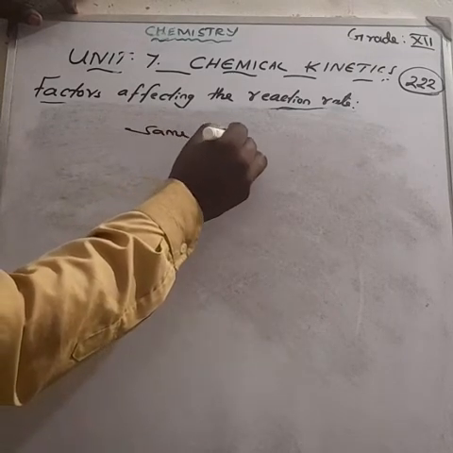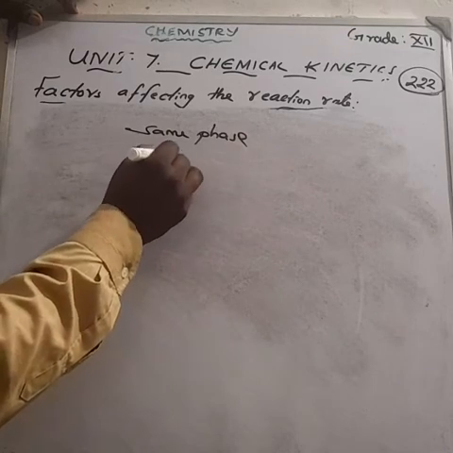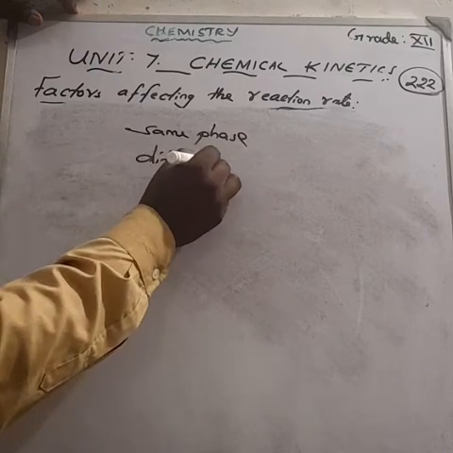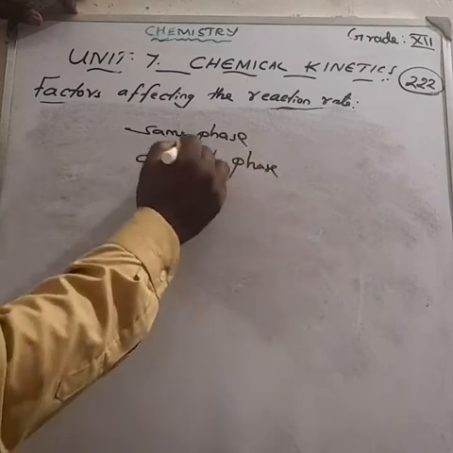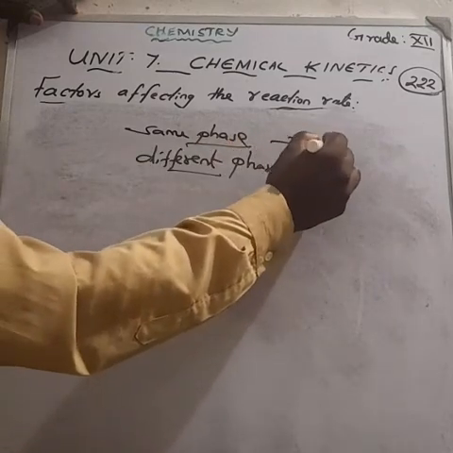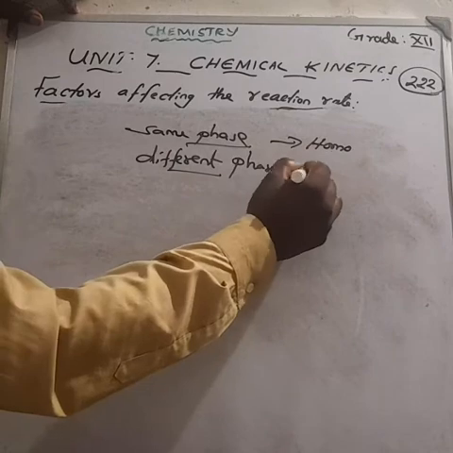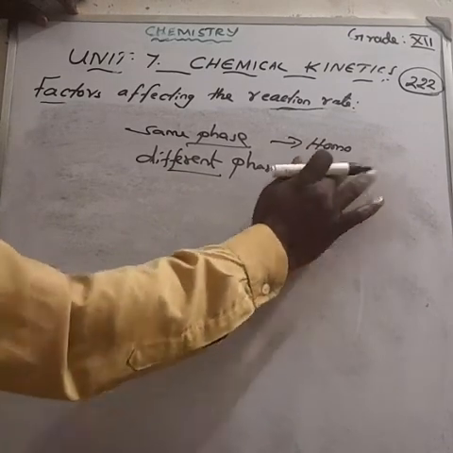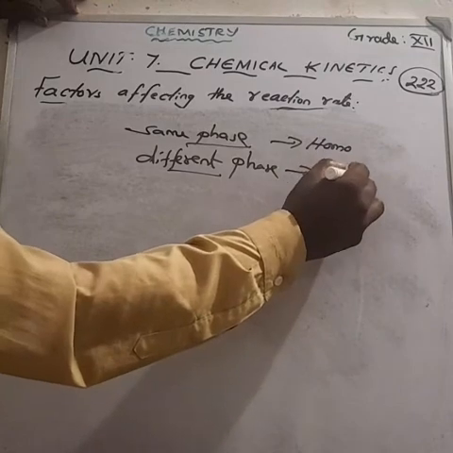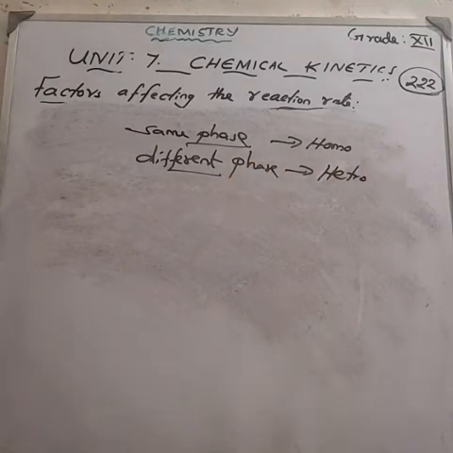What is heterogeneous? The reactant, catalyst, and the product are in different phases. The reactant may be in a solid state, but the catalyst may be in a liquid state. Like that, different states, that we call heterogeneous catalysis. These are some examples.